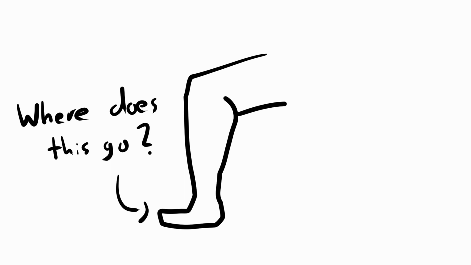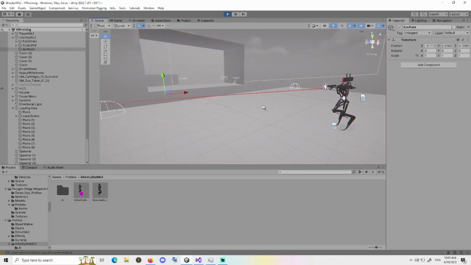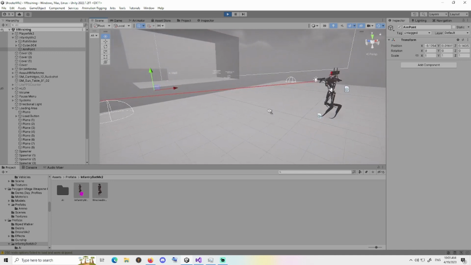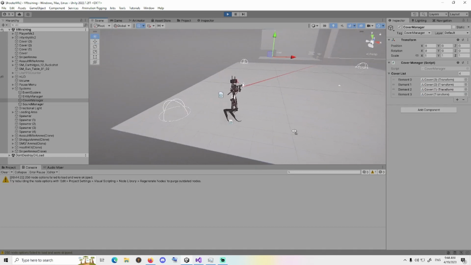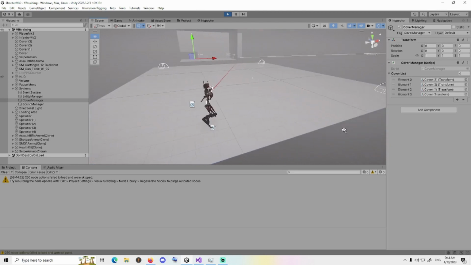For the legs, I need to figure out where the goal actually is, where I want them to place their feet. And that is easier said than done. For a while I had something that worked alright. They walked, they placed their feet, but it was a balancing act.